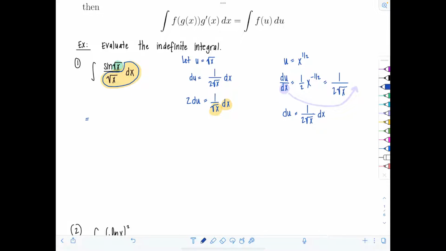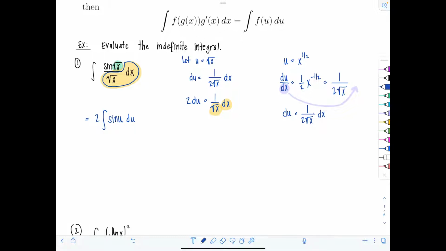So we've got here the integral. Instead of sine of rad x, I'm going to write sine of u. And then dx over rad x is just 2 du. So here's the du, and then I'm not going to put the 2 inside the integral. Let's put it outside where the constants belong.